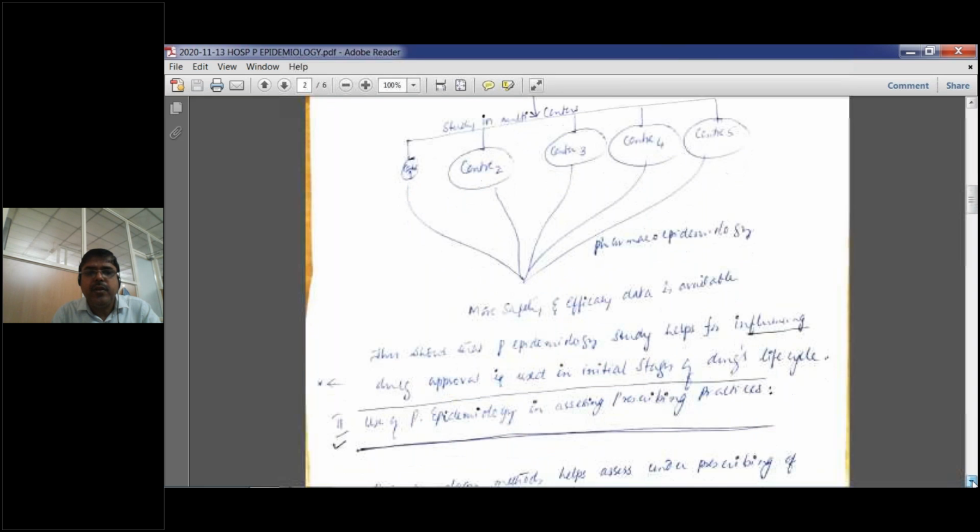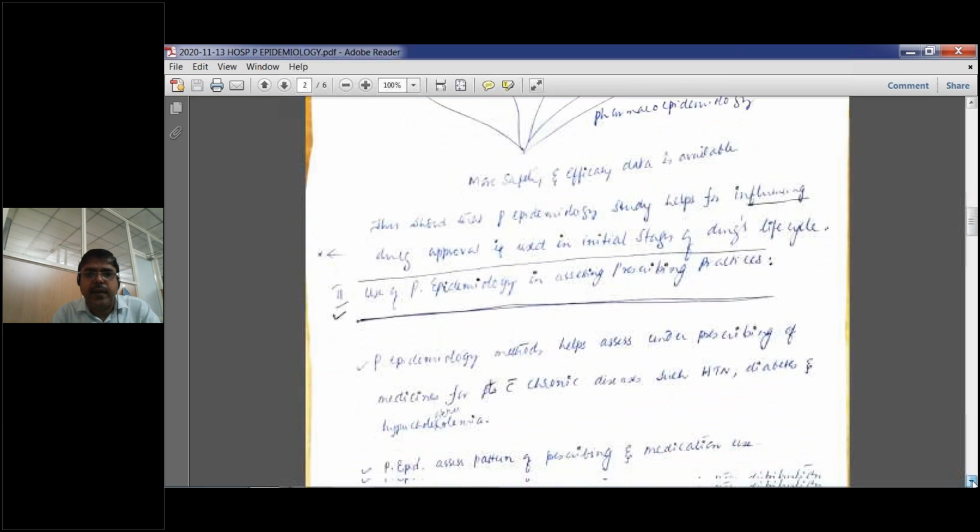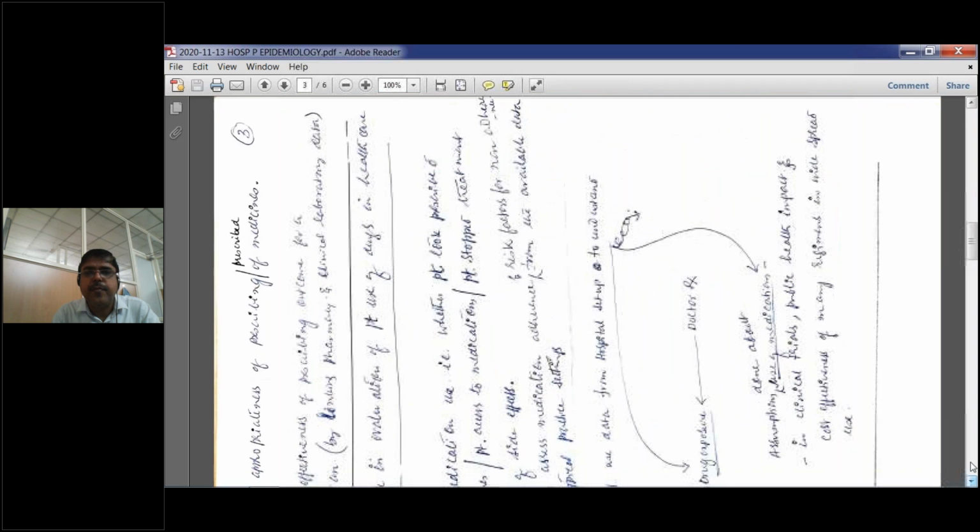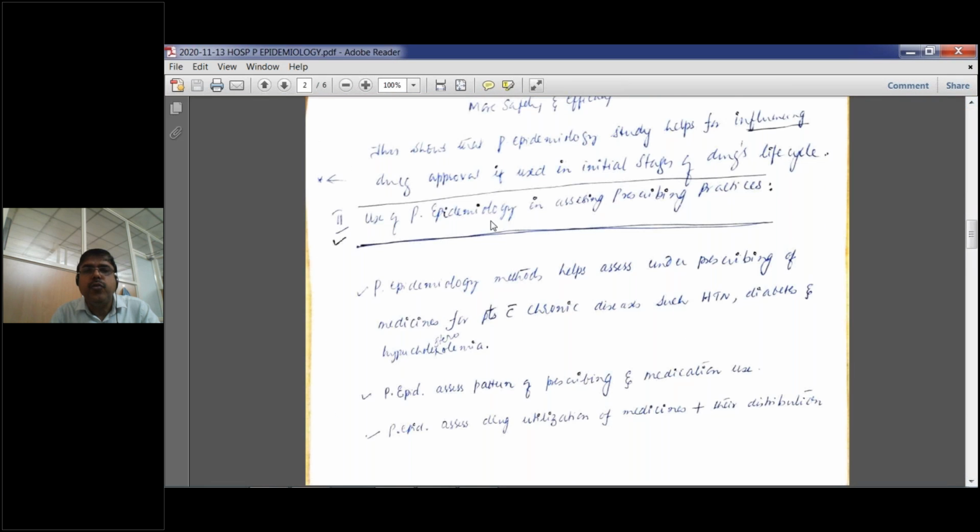The next application of pharmacoepidemiology in the hospital setup is its use in assessing prescribing practices. So it helps to assess the prescribing practices, especially for chronic diseases such as hypertension, diabetes, hypercholesterolemia, or any cardiovascular diseases, right?